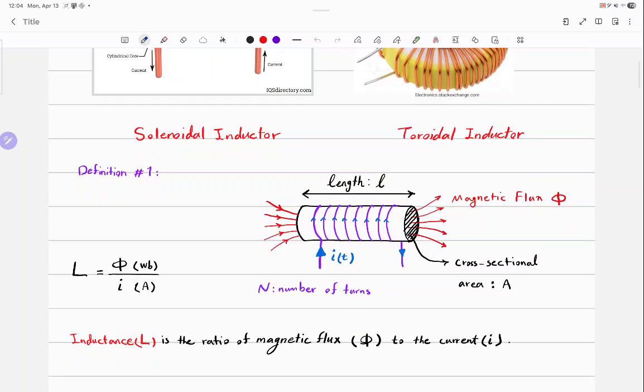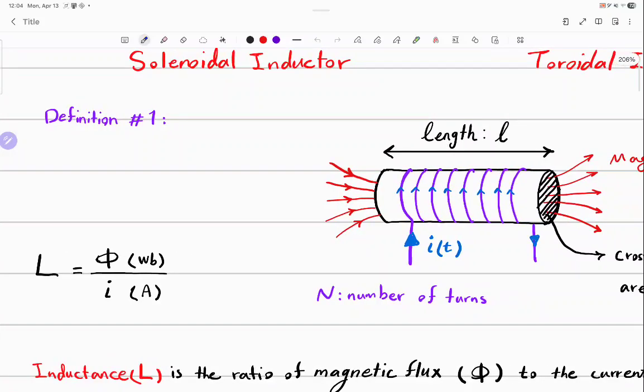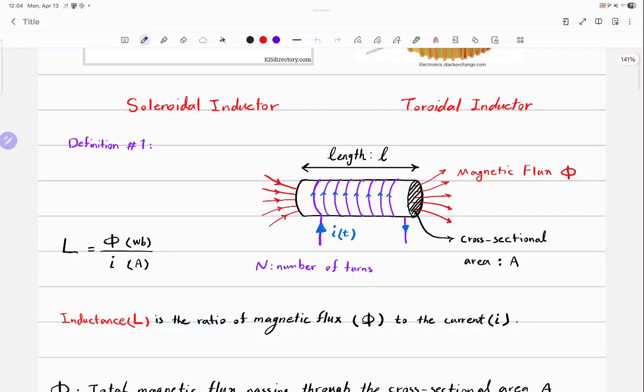Now, this is the fundamental definition of inductance. As you know it, it's phi, in units of Weber, divided by current in amps. So that is the main definition of inductance. We're not going to talk in depth about the physical aspects of inductors. We mostly want to consider them as a circuit element and apply them in our circuits.